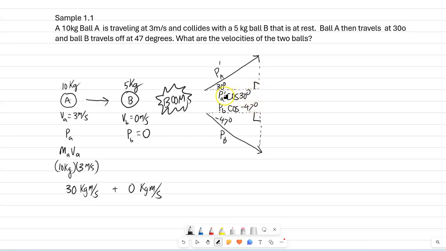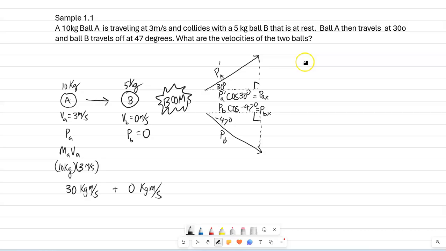And that's going to give us our momentum in the x direction for A and for B. And we can sum those up right here.